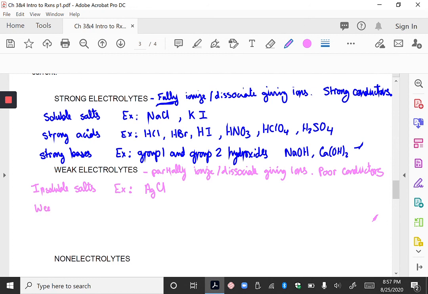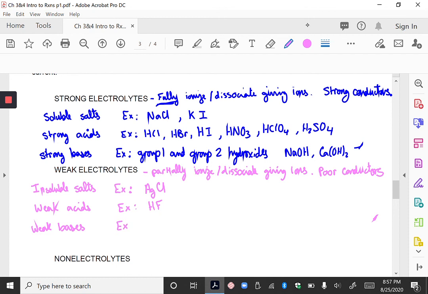Weak acids. For example, hydrofluoric acid. That's a weak acid, so it will only partially ionize in water. Acetic acid, all kinds of different acids. Any of the acids that are not these 6. Weak bases are also weak electrolytes.